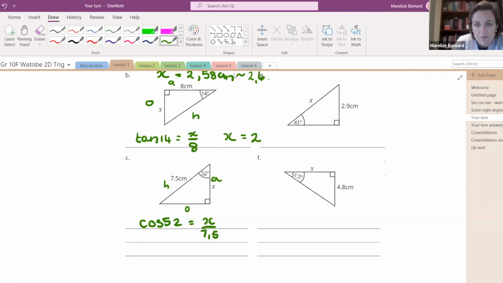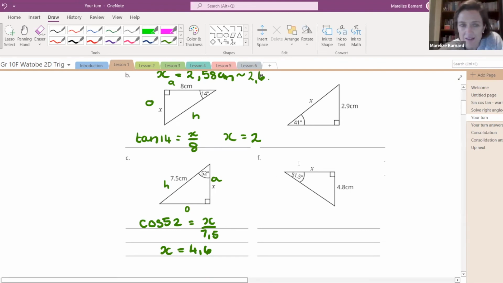And then we times by 7,5 on both sides. And then we get x is 7.5 times cos of 52, and that is 4,6. Okay, so that was with sides.